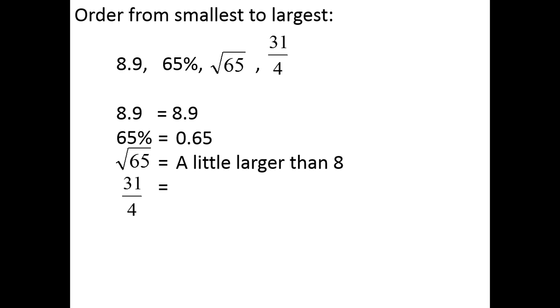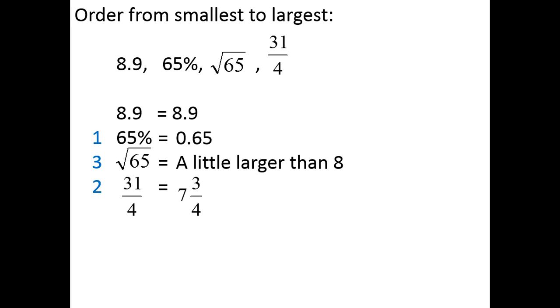And then 31/4, well, that's an improper fraction. I can certainly think of that as the mixed number 7 3/4 so that I can compare these numbers. So we were looking for the smallest number in this list, and I think it's pretty clear that 65 hundredths is the smallest number. The next smallest number after that would have to be the 7 3/4, because the next number after that would be the square root of 65.